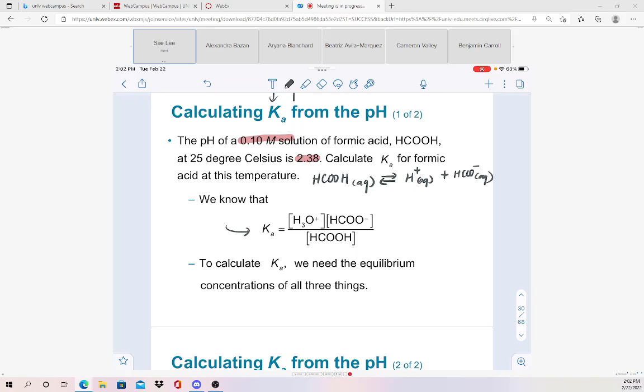In order to calculate Ka, we need the equilibrium concentrations of all three things. As we learned before, if you want to calculate Kc, we need concentration of products and reactants at equilibrium. Same rule applies for Ka. If you want to find Ka, you need the concentrations of ionic species and acids at equilibrium.